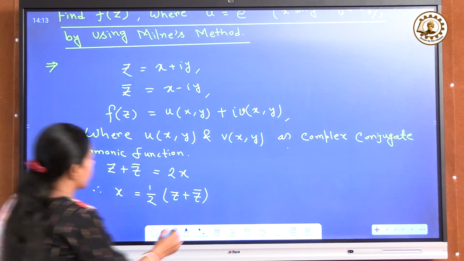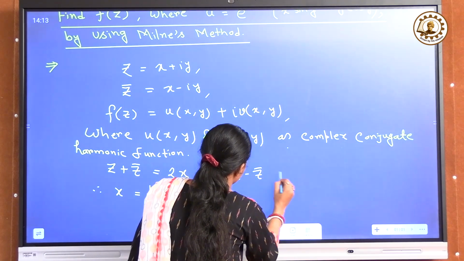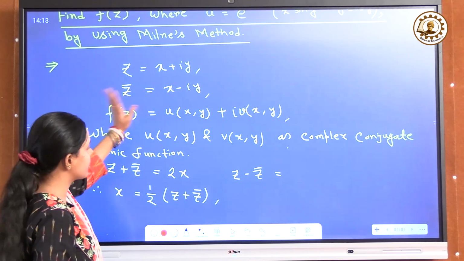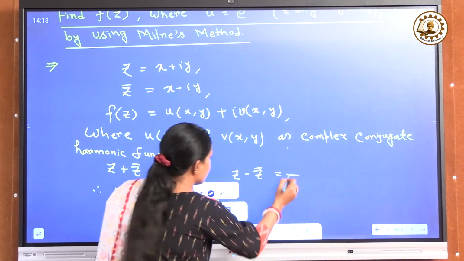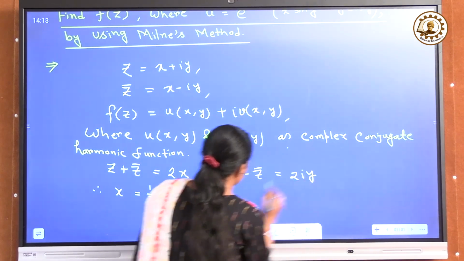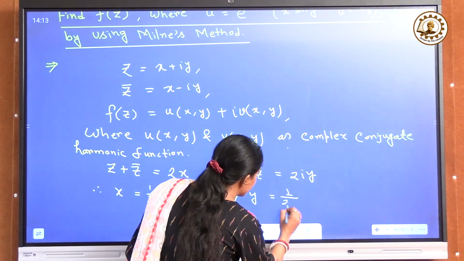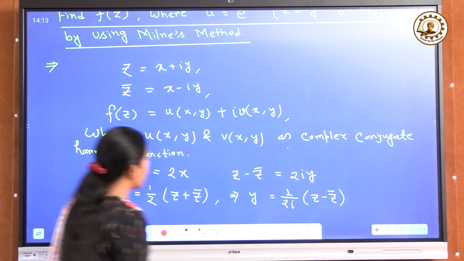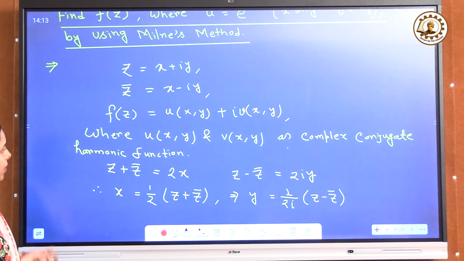In a similar way, we subtract: z minus z bar is equal to iy plus iy, and x cancels. So here 2iy. Now the value of y equals 1 by 2i times z minus z bar. We use these two values in our examples.